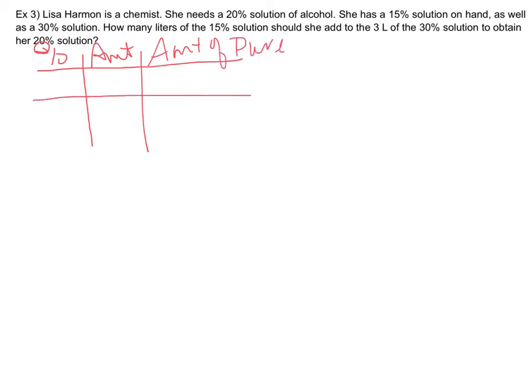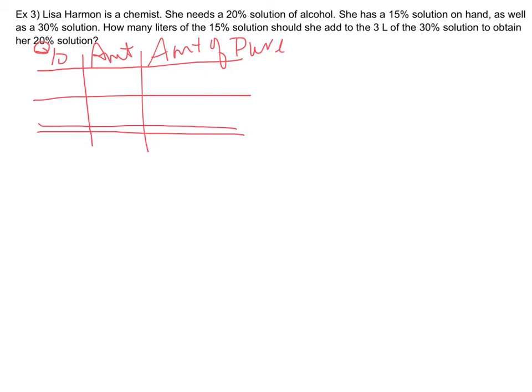So you have your 2 amounts that you currently have, and then the 1 amount that you're looking for. Whenever I make my chart, I like to put the double line at the bottom because that tells me it equals. So let's fill it in.